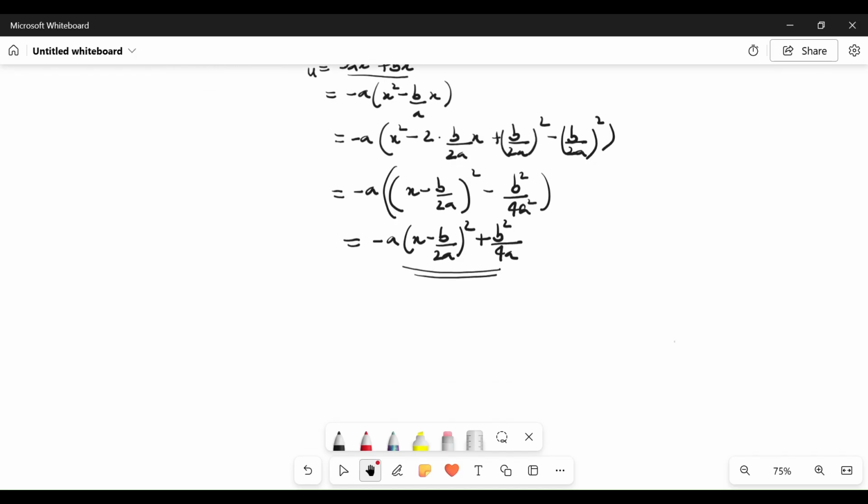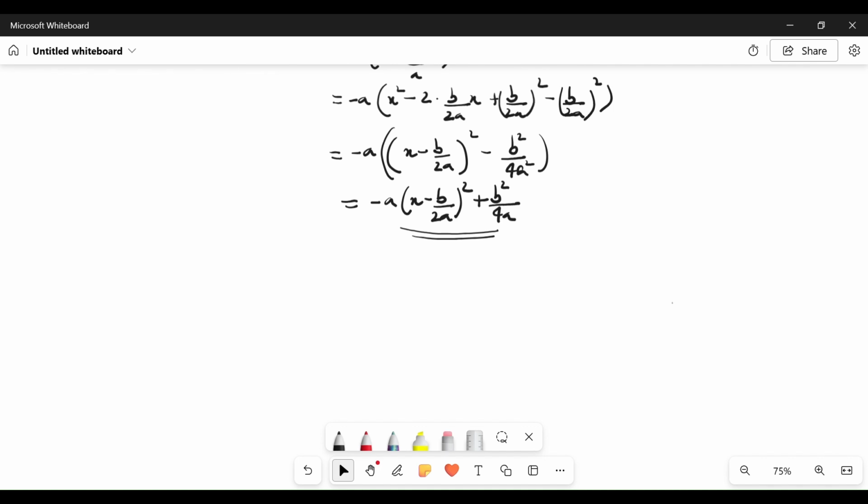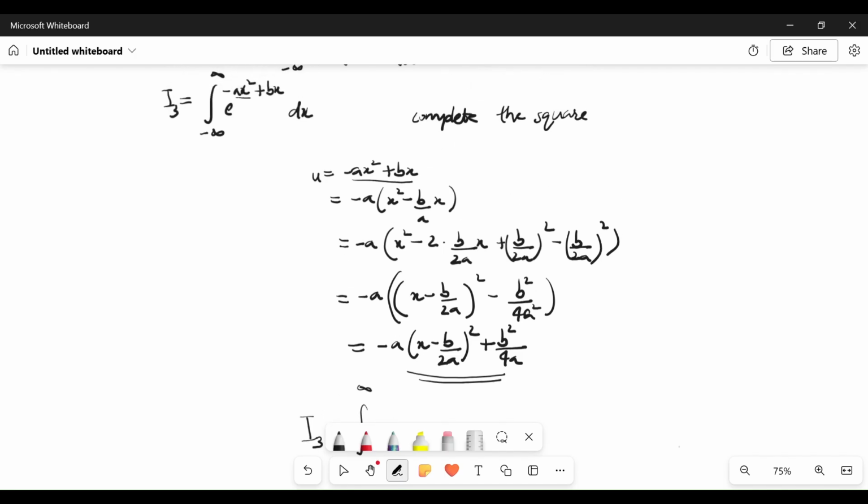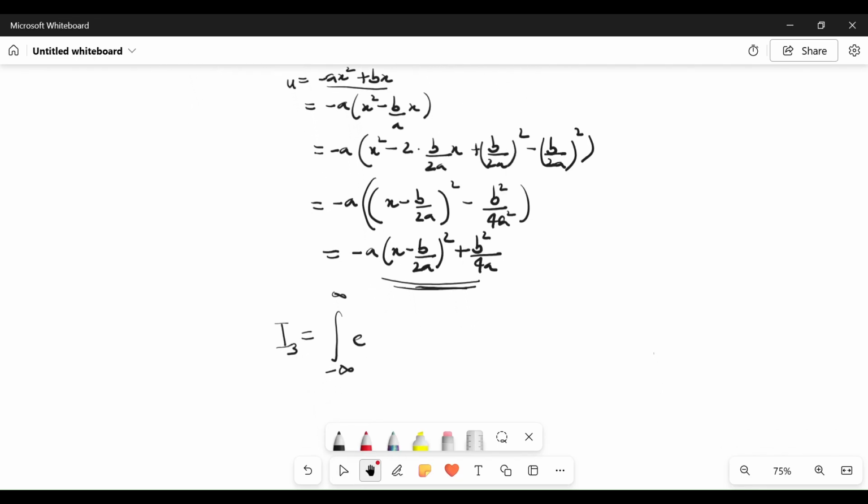Now we can substitute this in the previous one, which was I3 equal to the integral from minus infinity to infinity of e raised to this term. Now we can take this term out because e raised to b square by 4a is a constant.